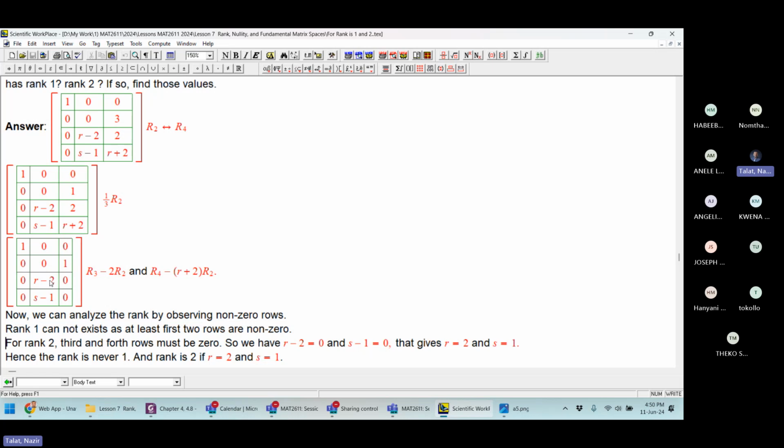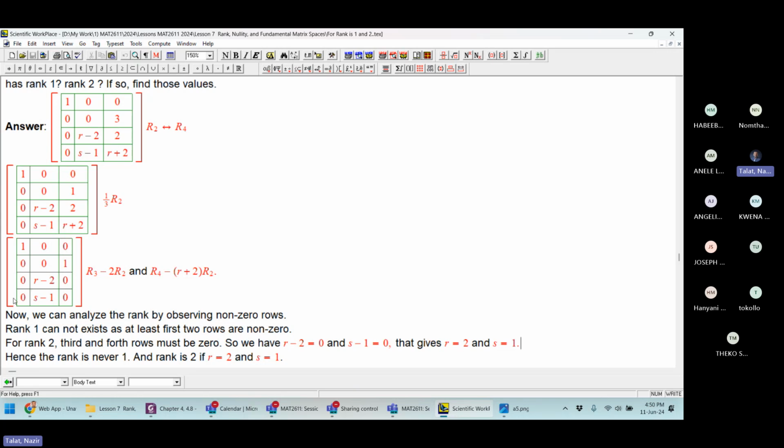In that case, r minus 2 must be 0, and s minus 1 must also be 0. This gives the value of r as 2 and the value of s equal to 1. So the rank is never 1, and the rank of matrix A is 2 whenever r is equal to 2 and s equal to 1.